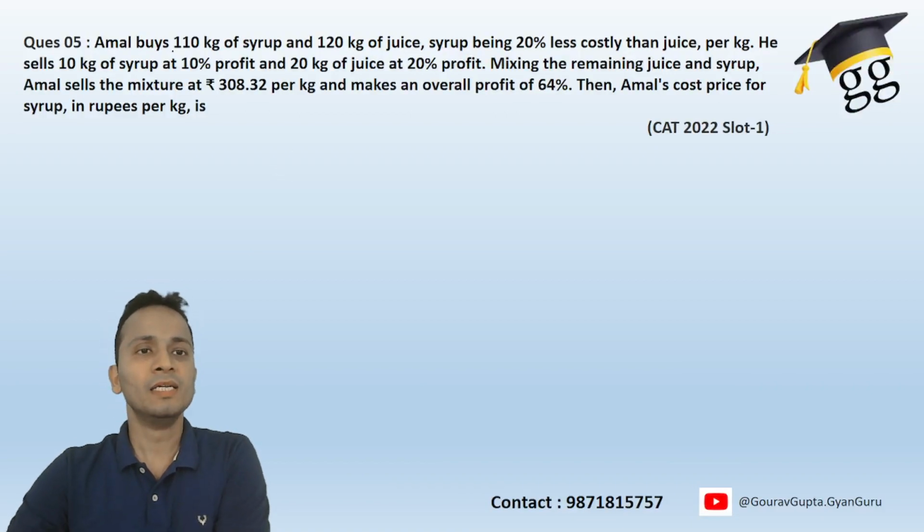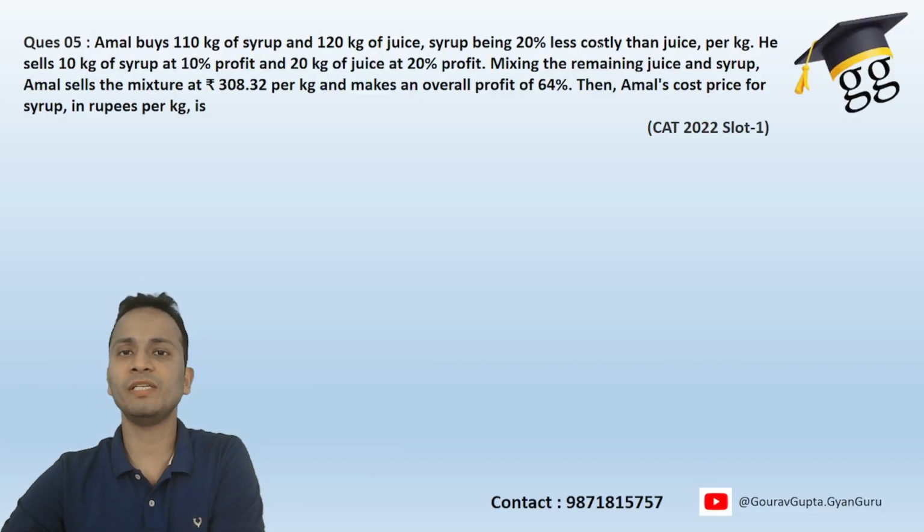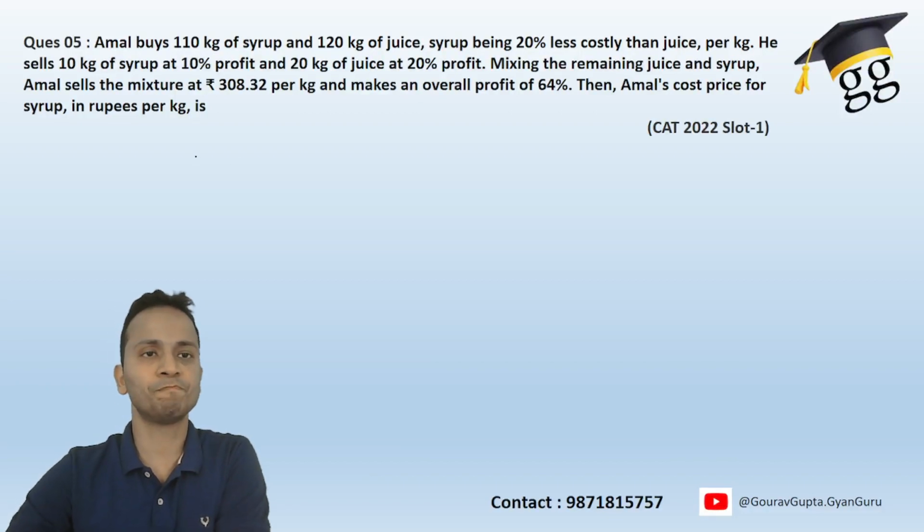Amal buys 110 kg of syrup, 120 kg of juice, syrup being 20% less costly. So I have 110 kg of syrup and 120 kg of juice.